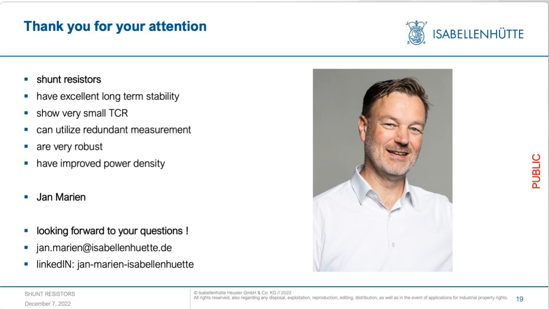For example, foil technology is good for shunts in the range of 10 milliohms and up, and welded parts are very good for 1 milliohm parts and below. But in between there's a range where full metal shunts are really beneficial. So we cover the range of 0.5 milliohms up to 5 milliohms with full metal shunts.